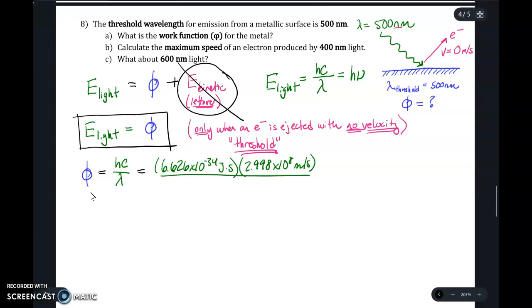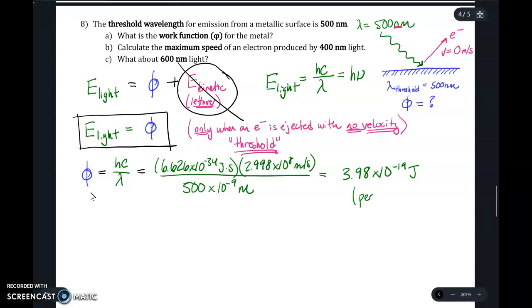If I swap out that nano prefix up top with what nano stands for, I'm going to get 500 times 10 to the negative 9th meters, which is what 500 nanometers is equal to. If we calculate this all out, you're going to get 3.98 times 10 to the negative 19th joules.